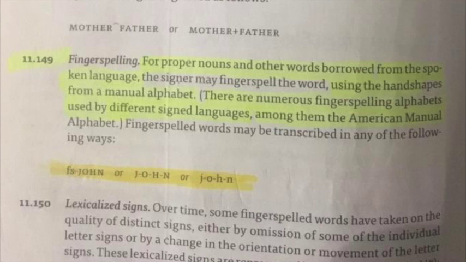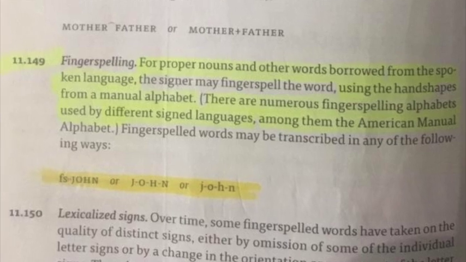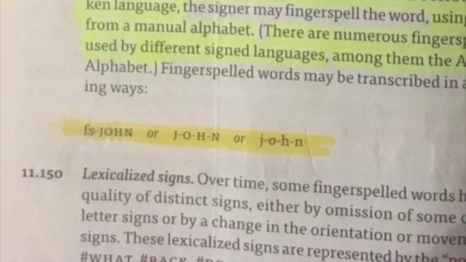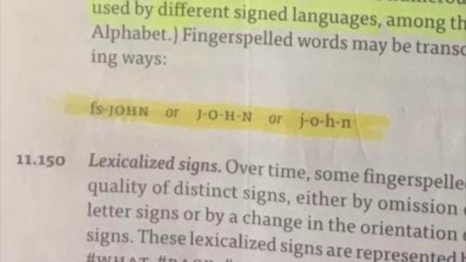So let's look at how they write names in fingerspelled words. This is something that those guys missed out, and this is really important. As we see here, it says FS. FS just means fingerspelling.